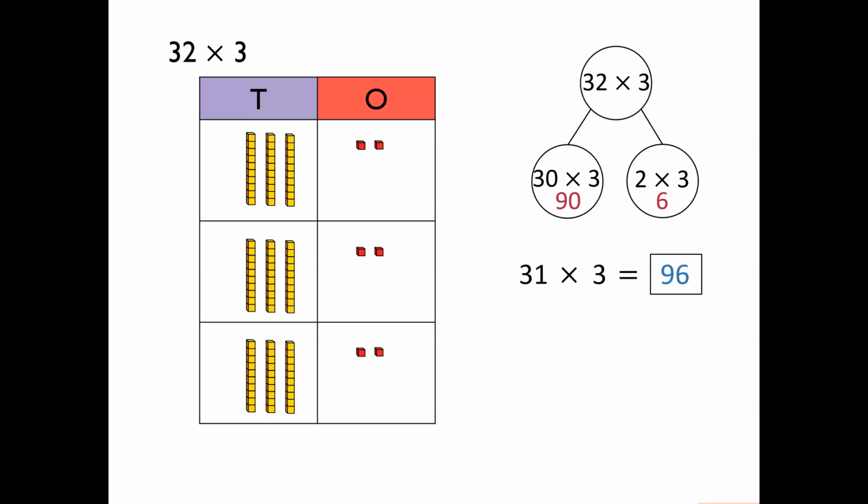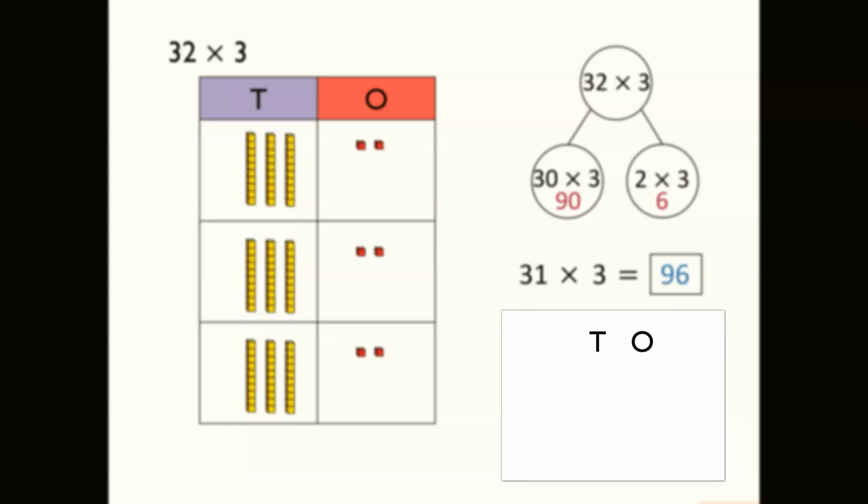Finally, and this is where our focus is today, we can show short multiplication or formal written method to calculate 32 times 3. We record the tens and ones, 3 tens and 2 ones, the multiplication sign and the number we are multiplying by.